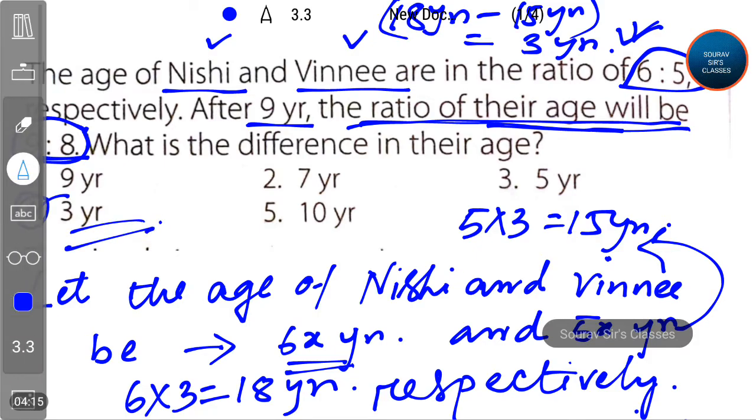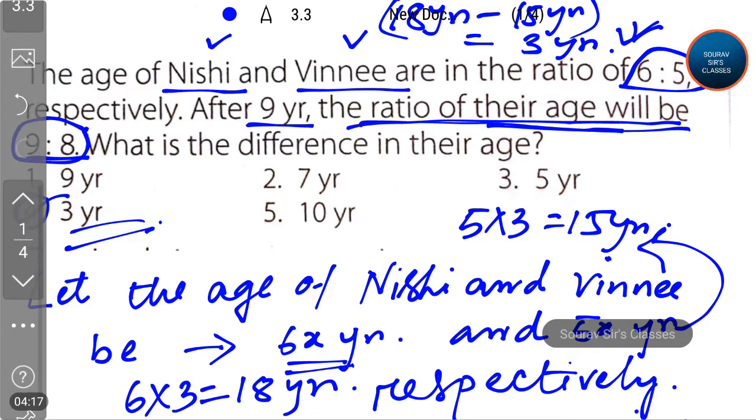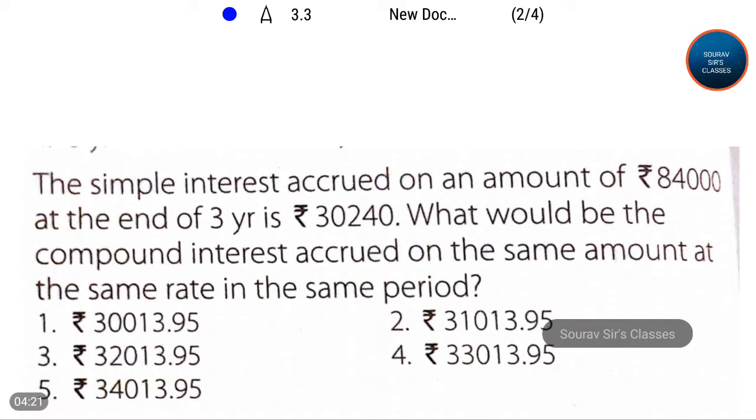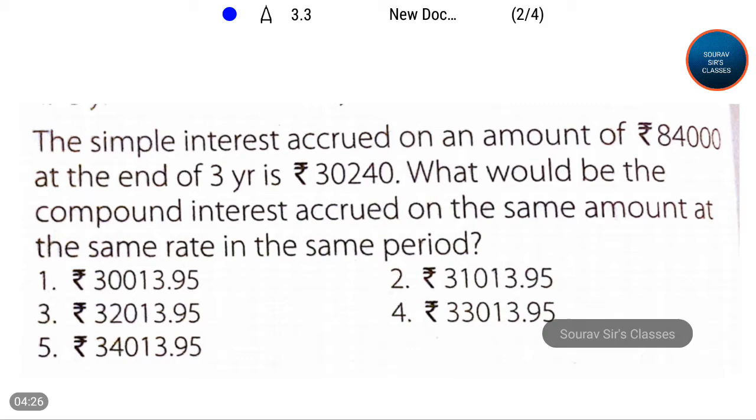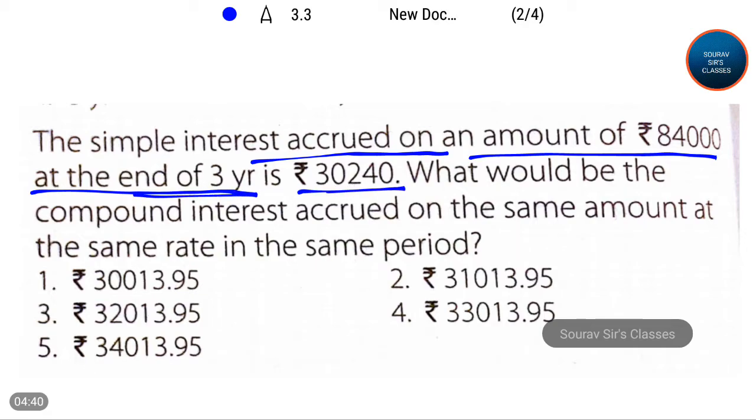Okay, now let's go to our next question. Okay, so here is the question, and the question is: the simple interest accrued on an account of rupees 84,000 at the end of 3 years is rupees 30,240.